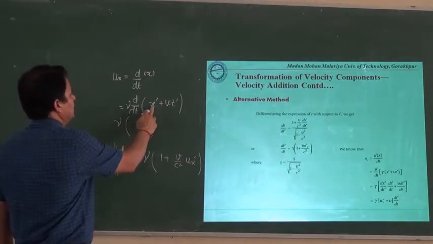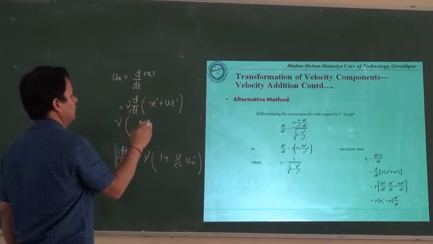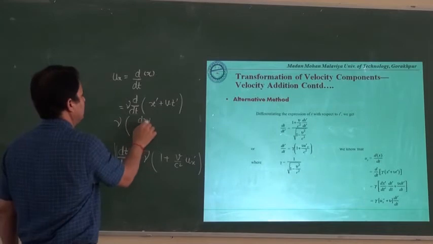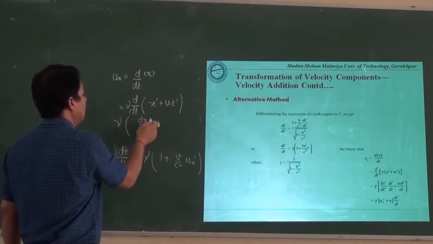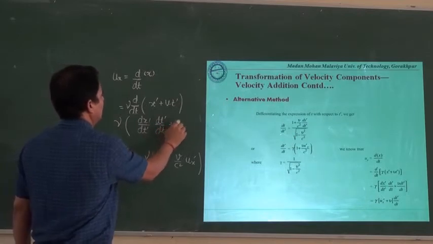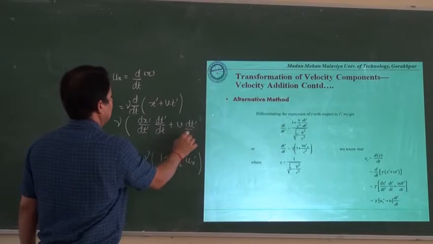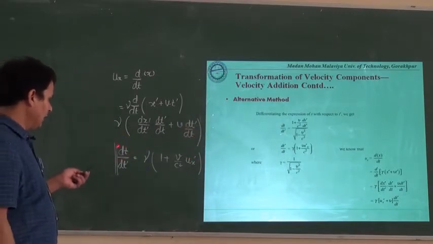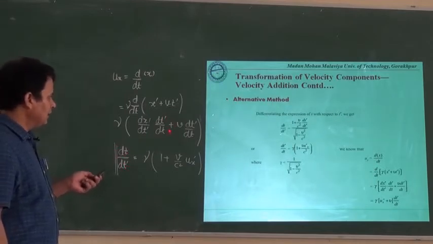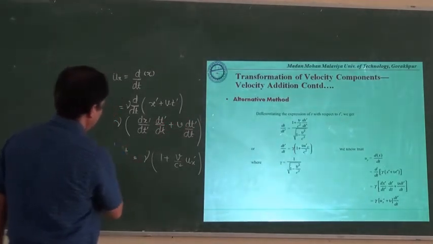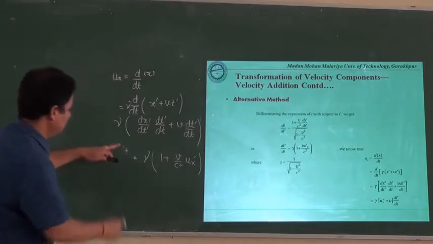So here we will differentiate with respect to the same coordinate system, dx dash upon dt dash, and now we will differentiate t dash with respect to t, plus v dt dash upon dt. Now you might remember why I computed the value of dt upon dt dash, because it will be required here, and we have this quantity as a common factor in this expression.